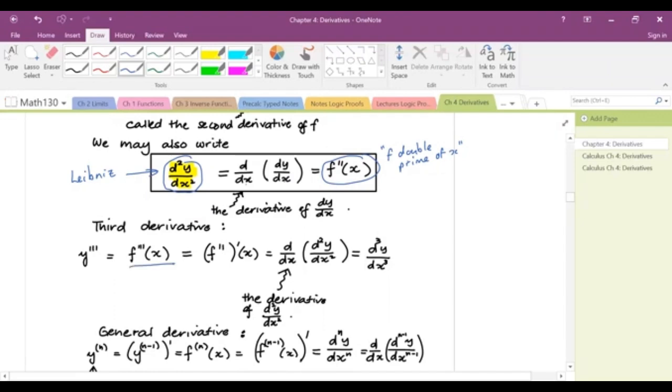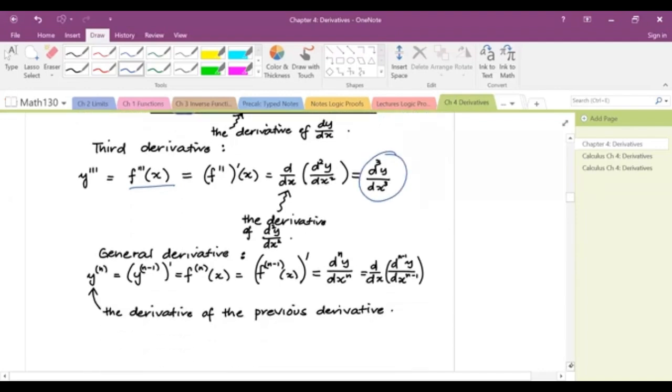So this is f triple prime of x, which is the derivative of the second derivative. We'd say d by dx of d2y by dx squared, or d3y by dx cubed. We can generalize this to the nth derivative, whether you're using prime notation or Leibniz notation. You'll see there the nth derivative of f.